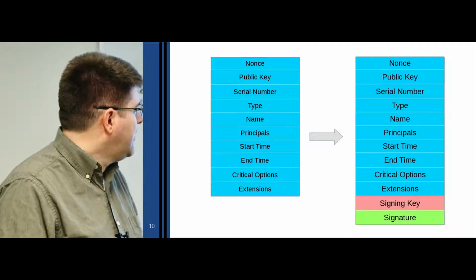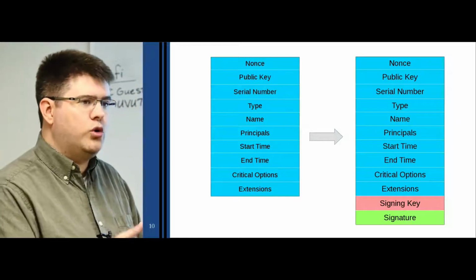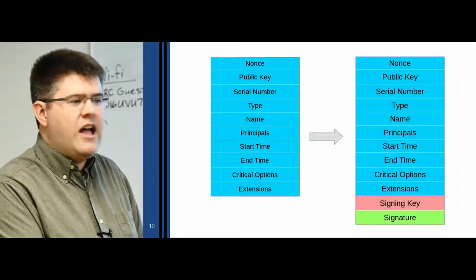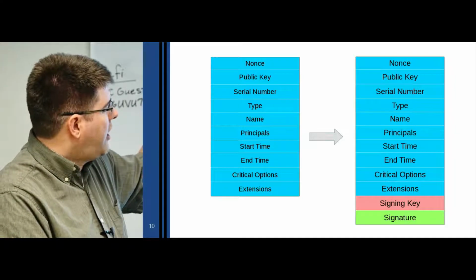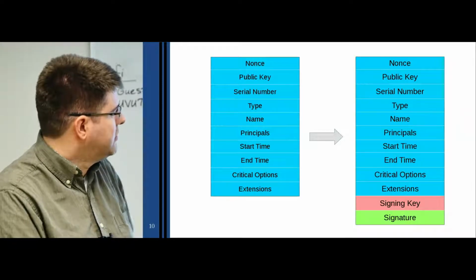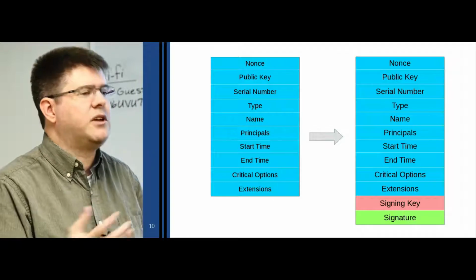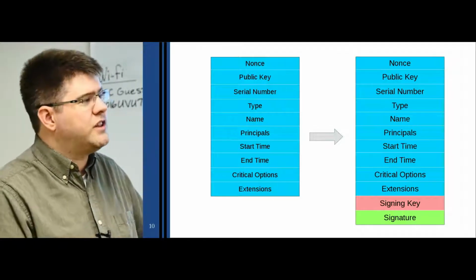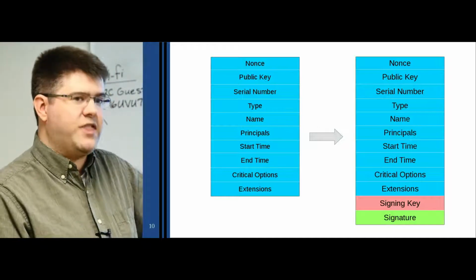So we take all that. At the bottom, the CA will add its own public key, and then it will create a signature of everything up until that signature field. So the signature includes the public key of the CA. And using that, it could actually be cryptographically verified with itself.